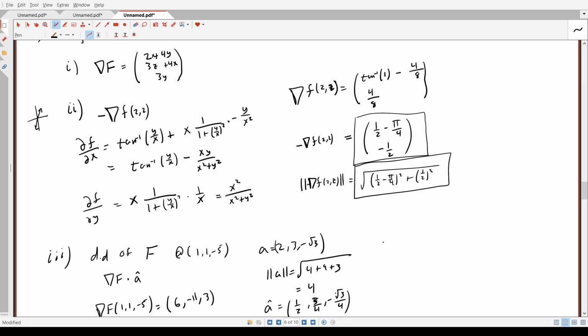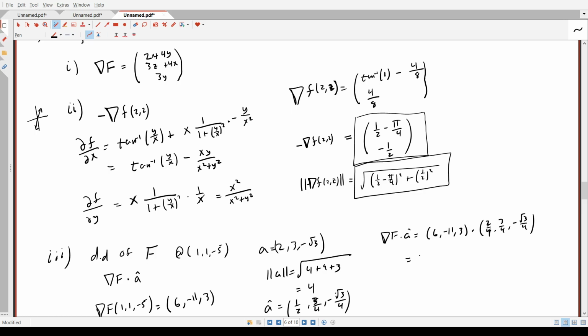So now I do the dot product. Gradient of f dot a hat, that's 6 minus 11, 3 dot 1/2, 3/4, minus root 3 over 4, which gives me, I'm going to leave this as 2 over 4 for fractions.